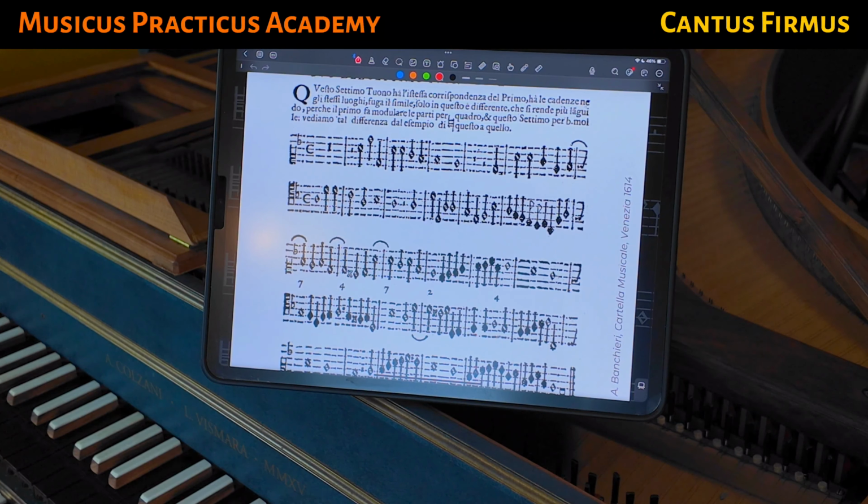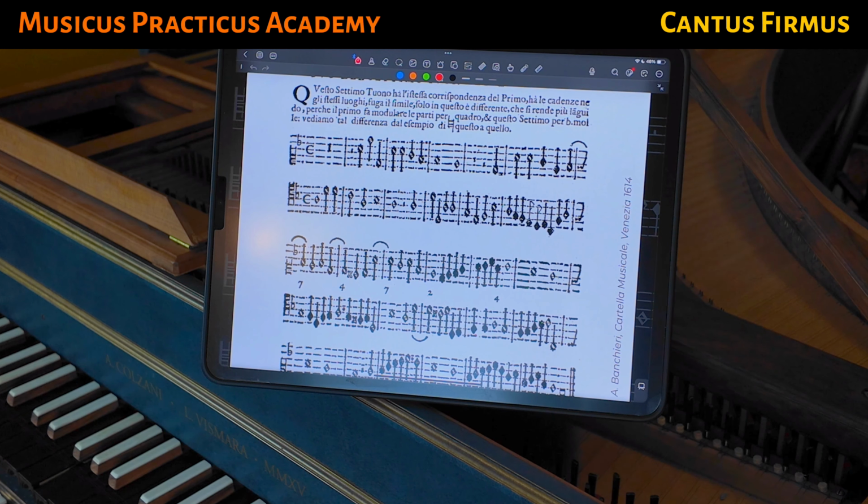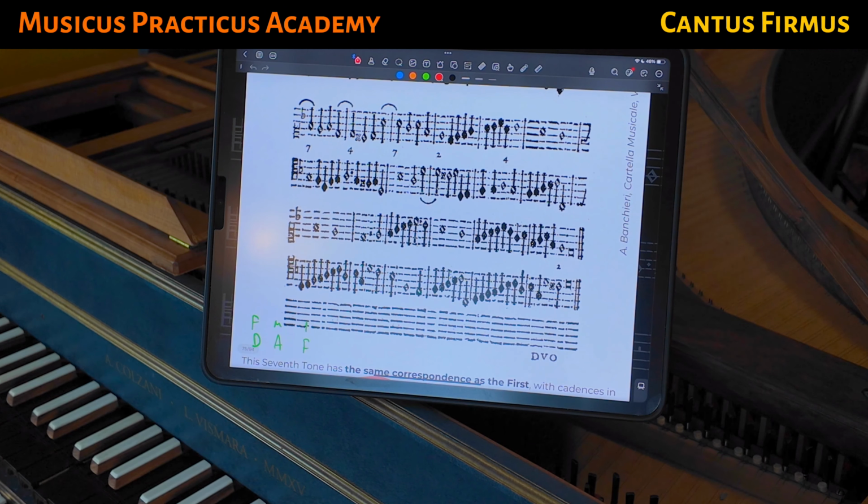Sol, fa, la, sol, re, fa, la, sol, mi, fa, mi, do, re, la, sol, fa, mi, re, mi, fa, sol, la, fa, mi, re.